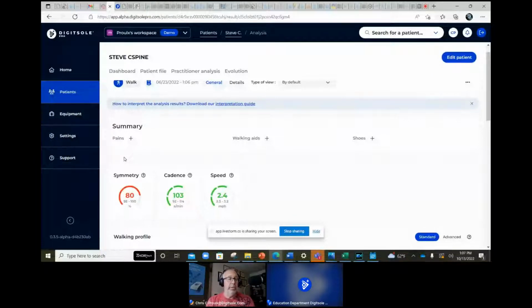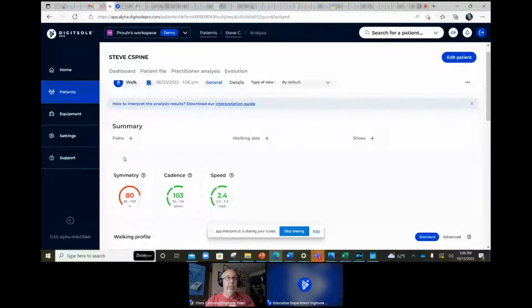So we use 3 colors to designate that. If it's red, it means that it's outside of the normative range. And this could either be a population normative value or a biomarker, right, which is specific to that particular patient's profile.